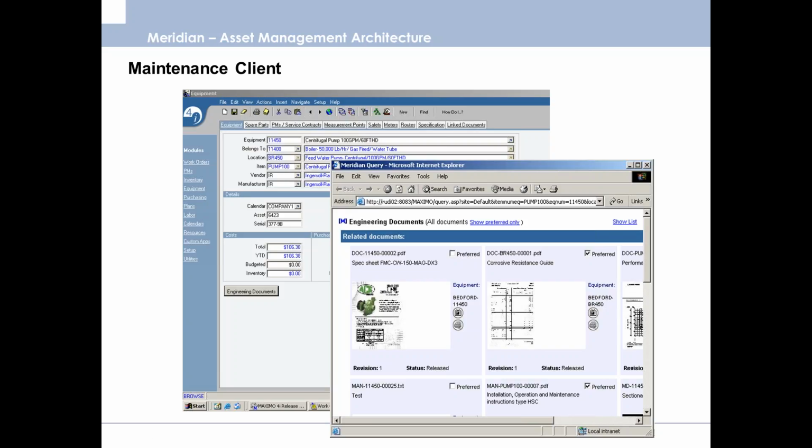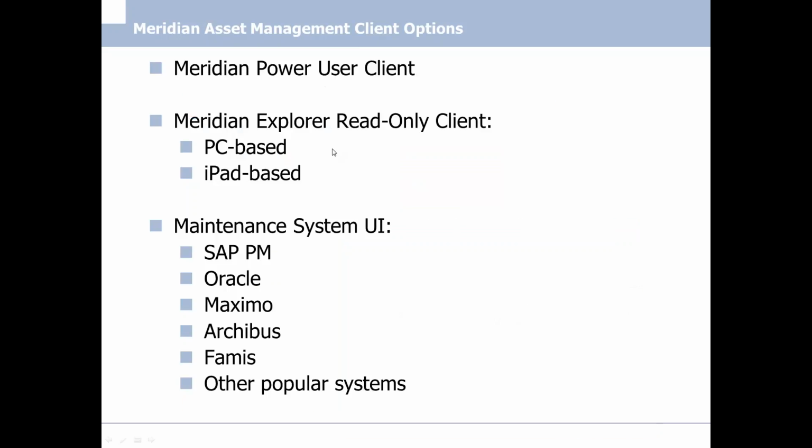So you can access all these relationships and jump back and forth between assets and documents, either in the main Meridian client, the Explorer, or your maintenance system interface. And I kind of talked about those features.